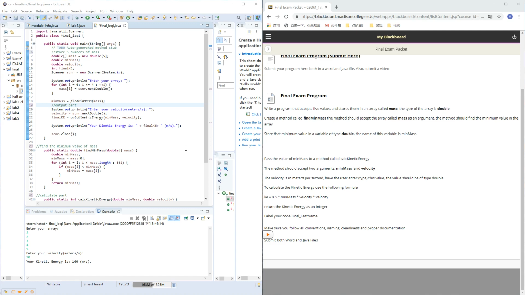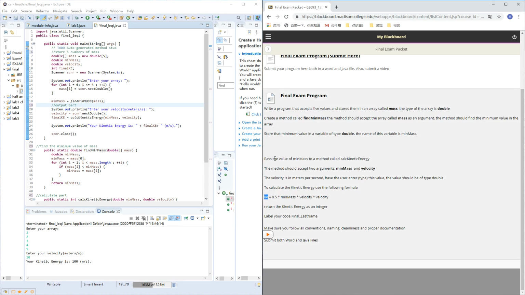So it's not hard to understand. We just let the reader put in two different variables: one is mass and the other is velocity, and then we calculate the kinetic energy and output it. That's quite easy.